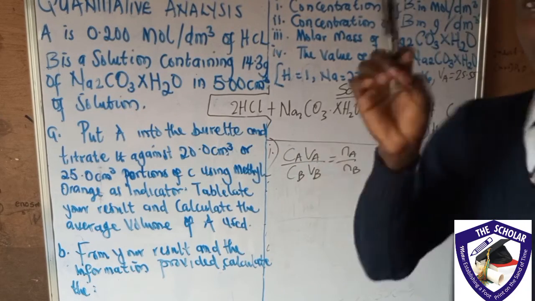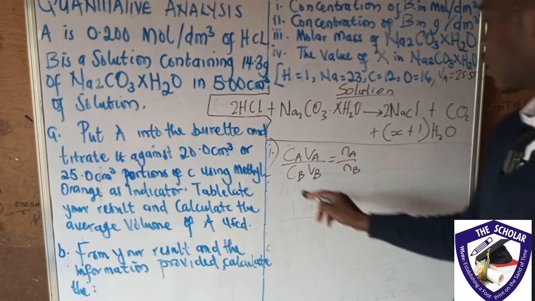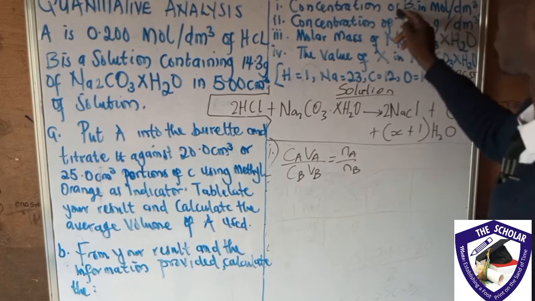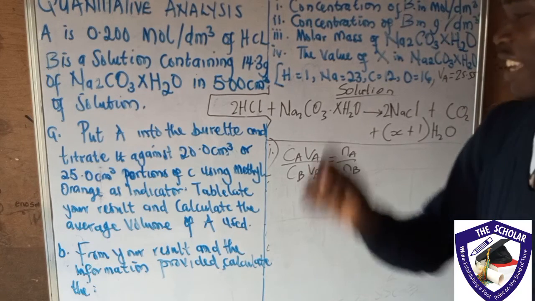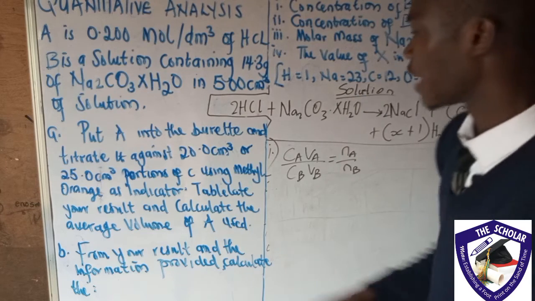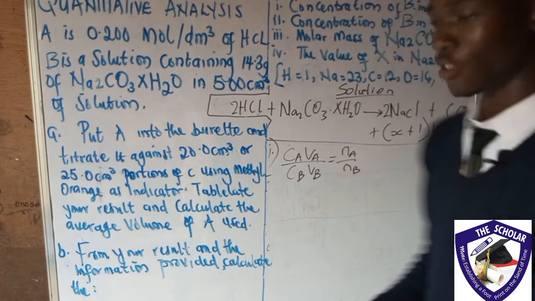Your Va is the volume of acid used, which is 25.55 centimeter cube. Your Cb is the concentration of B in mole per dm cube that we are looking for. Your Vb is the volume of the burette you used, either 20.0 centimeter cube or 25.0 centimeter cube.